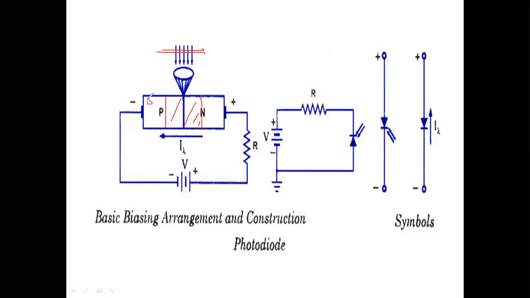Here, electrons are minority charge carriers in the P region and holes are minority charge carriers in the N region. The majority charge carriers, holes, are attracted towards the negative terminal of the battery, and electrons, which are heavy charged particles, are attracted towards the positive terminal of the battery, such that the depletion width will increase a lot.